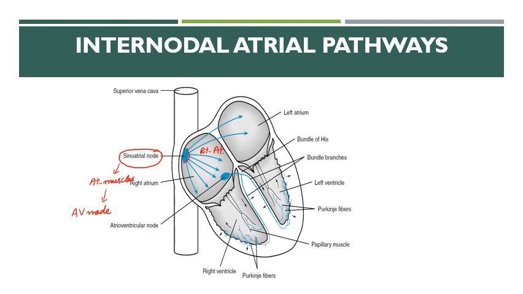The impulse from the sinoatrial node passes through three sets of specialized muscle fibers. The first one are the anterior interatrial pathways.